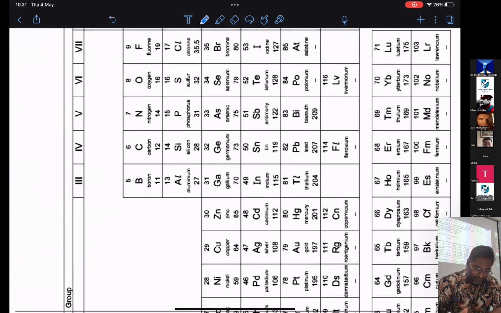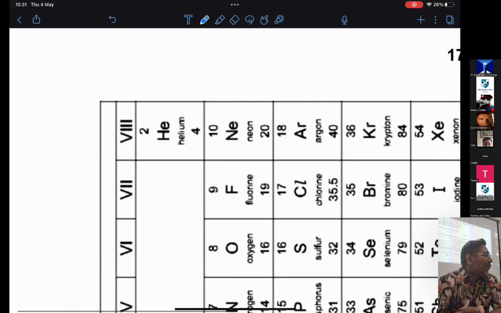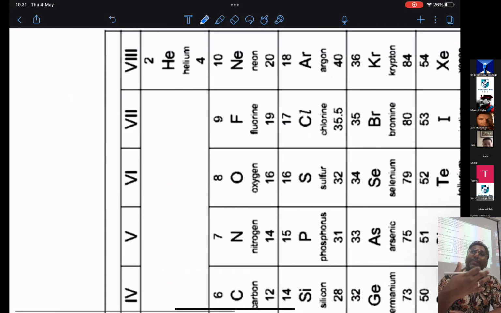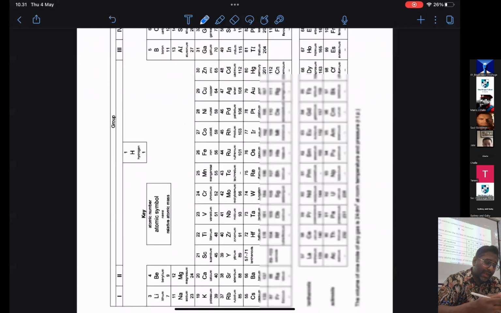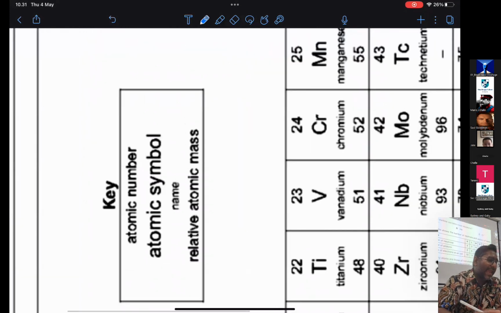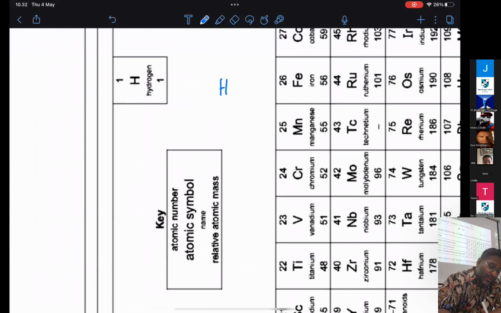Number 8, which particle contains the most electrons? If you want to find out which one contains the most electrons, you will be given a periodic table for this. You need to check. This one is going to be 8. Helium is 4, 2.